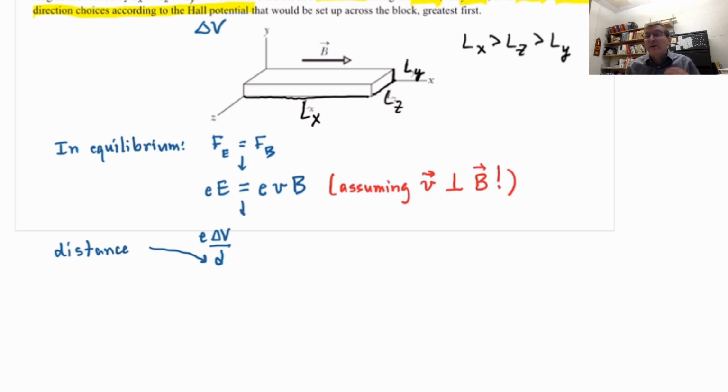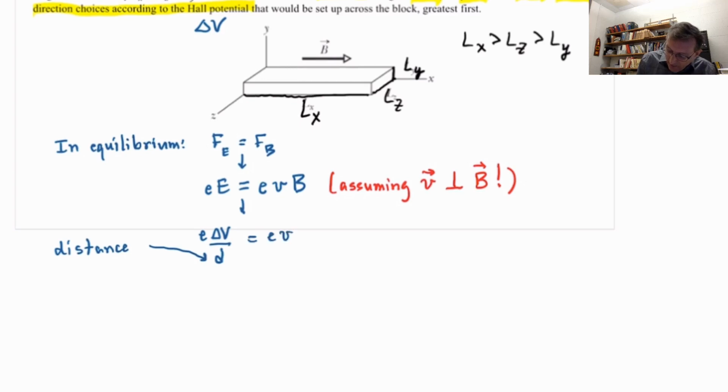We called it d in the earlier pictures because we were literally showing you what that d was in the diagram. We're going to figure out what that appropriate d is for this conductor. And then over here on the other side, of course, I have little e, v, B. I see that the factors of little e cancel. I then just rearrange this for the Hall potential difference, that's the delta V. And we'll just write that as v magnitude, B magnitude, times what the appropriate distance is.